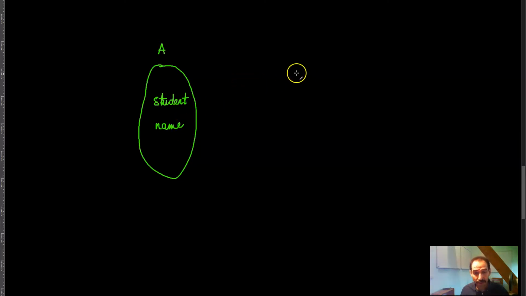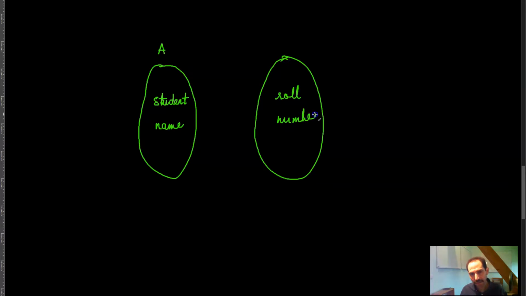Now the board examination gave them some roll numbers in that examination, meaning that the student was given a roll number, right? And let's call this set B, for example. These roll numbers, you could imagine that they are basically a subset of the set of natural numbers 1, 2, 3, 4, 5, 6, 7, 8, 9, and so on.